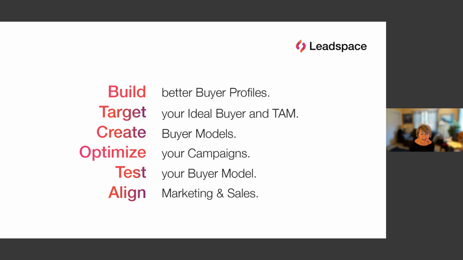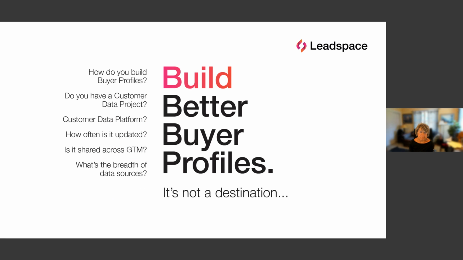Then build your campaign so you can optimize to go after those right kinds of companies and people, test it so you can identify the right results, and do this across both sales and marketing so that the teams can be fully aligned. I'm very passionate about all 6 of these steps, and would like to share what we've found actually works and is delivering results today for sales and marketing professionals worldwide.